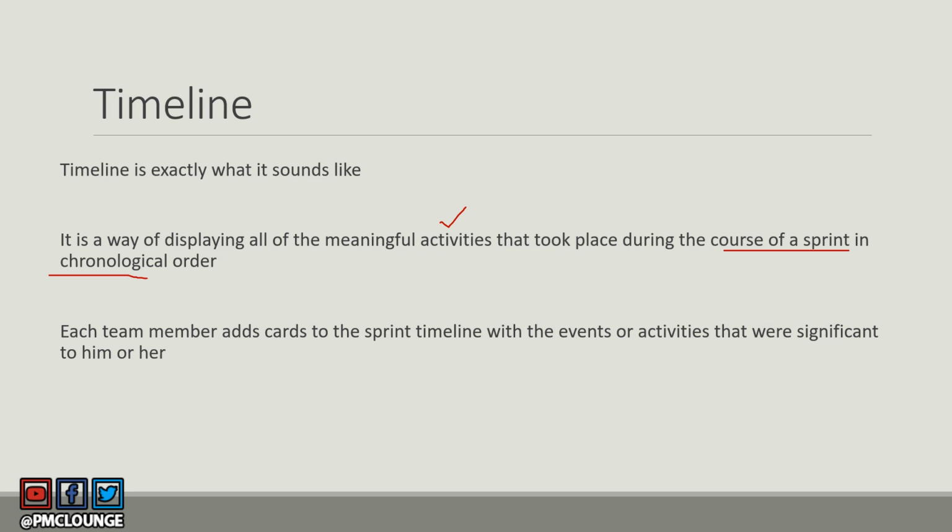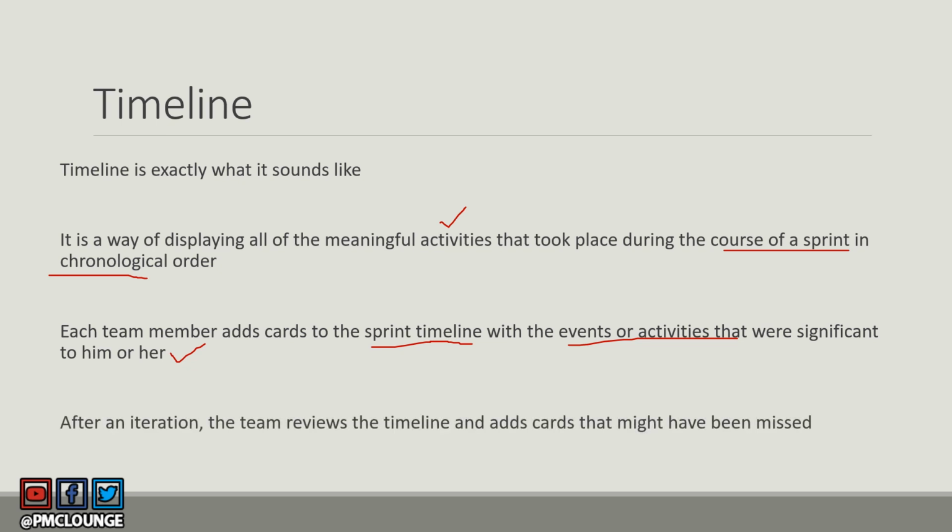So each team member adds cards to the sprint timeline with the events or activities that were significant to them. So every agile team member, scrum team member, project team member, they are basically helping you out and listing all the events or activities in the sprint timeline that were significant to them.